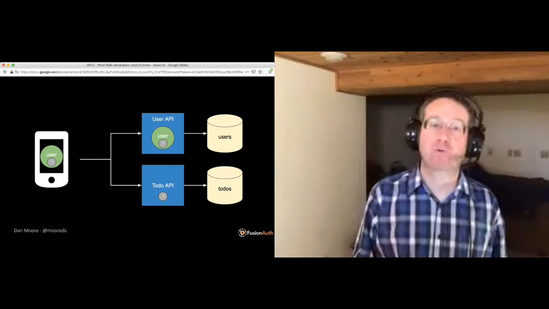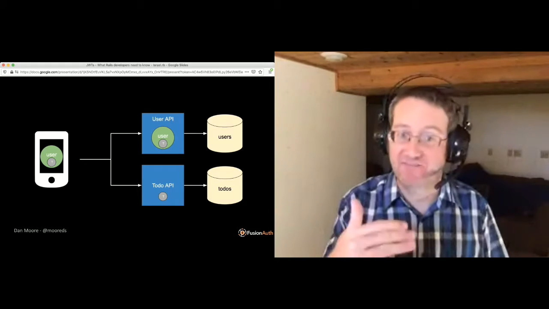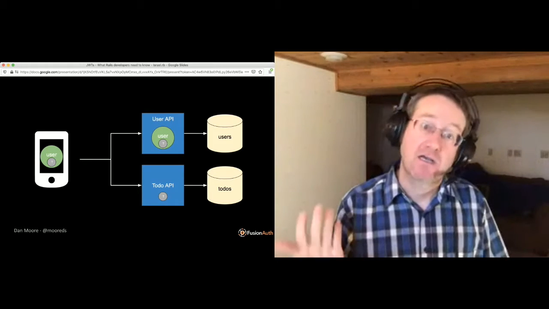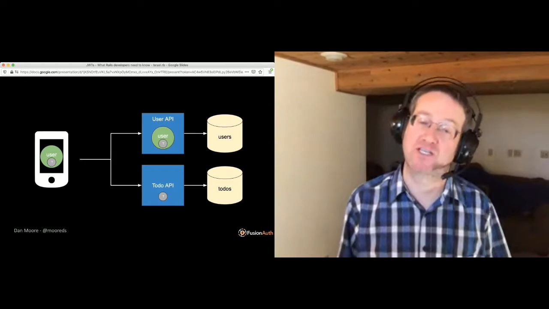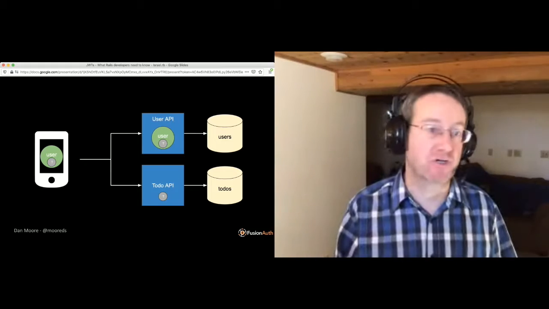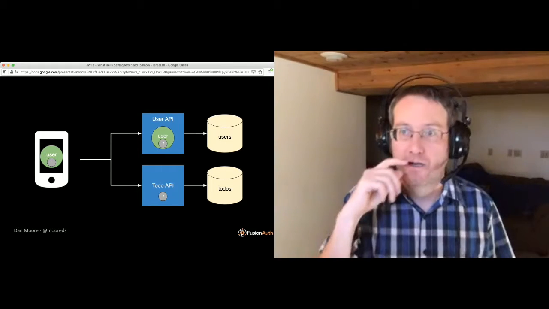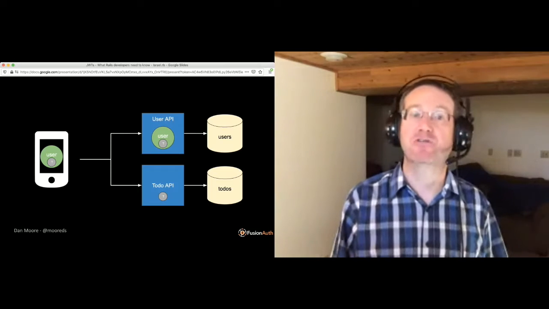So let's think about a way to solve that problem that doesn't let a malicious client iterate the IDs. What you could have happen is you could have the user API generate an opaque token, represented here by that gray T. And that token could just be a random string of digits or alphanumeric characters, it doesn't really matter what it is. The point is that it can't be iterated easily.